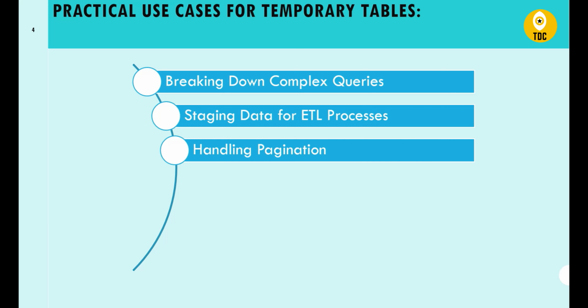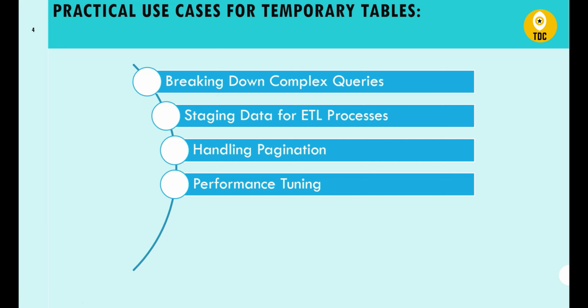For example, if there are 10 pages and each page displays five records, you have a UI which displays that kind of pagination. In that case, you can use temporary tables because you can break the tables into smaller chunks of rows, and feed that to the user interface to enable the pagination concept.